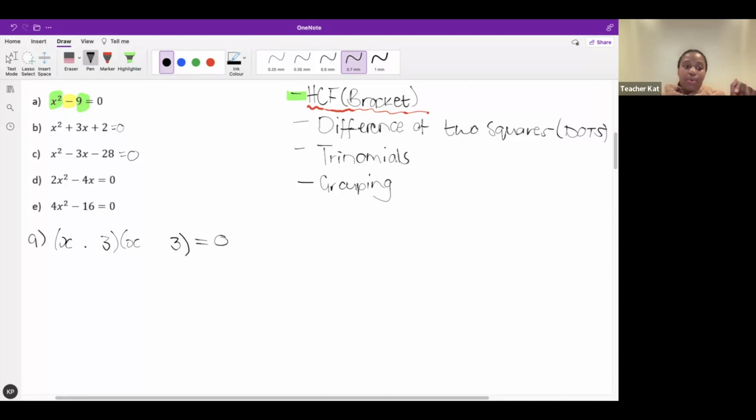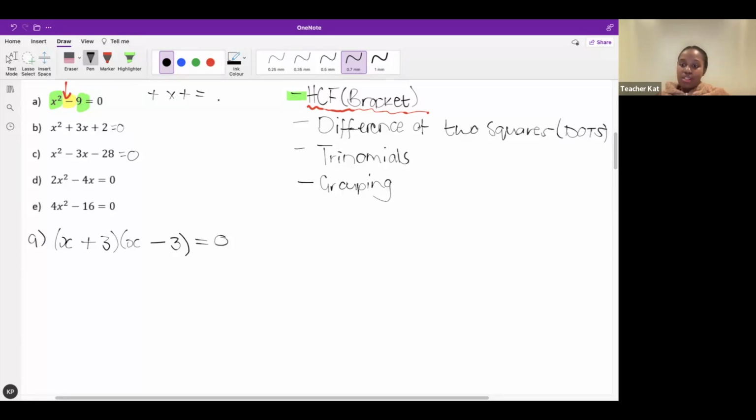Great. Now, remember, in our two brackets for difference of two squares, we always use opposite symbols. All right, so one has to be positive and the other one has to be a negative. Now, if you think about it carefully, that is the only way we can get a negative 9. Because what happens when I multiply a positive and a positive? What am I going to get?